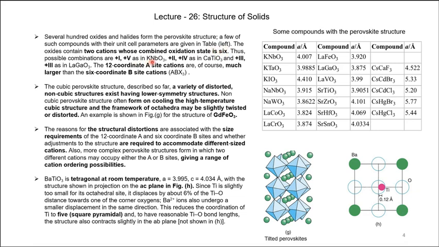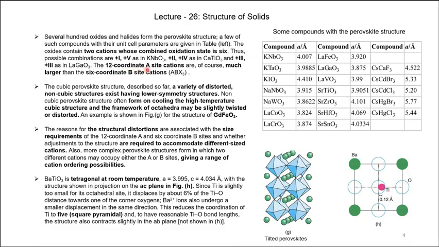For example, if we take this one, it has oxidation state +1 and niobium is +5, so in total, 6. If we take calcium titanium oxide, which is also perovskite, we see 2 + 4, 6. And lanthanum gadolinium oxide has 3 + 3. So in total the cation oxidation state is 6.